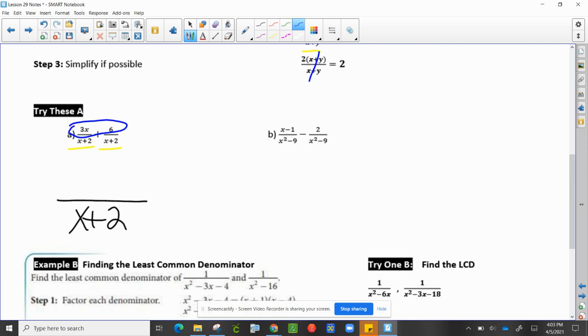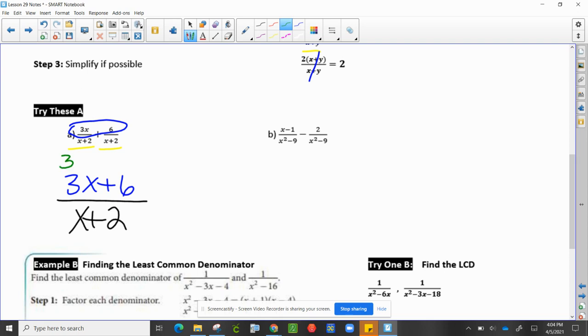So we have 3x plus 6. Again, 3x and 6 are not like terms, so we can't combine them, but I'm going to check real quick to see if there's anything I can simplify. That would mean we'd have to factor either the top or the bottom. The bottom's just x plus 2, but let's think about the numerator. 3x and 6 have a common factor, a GCF.